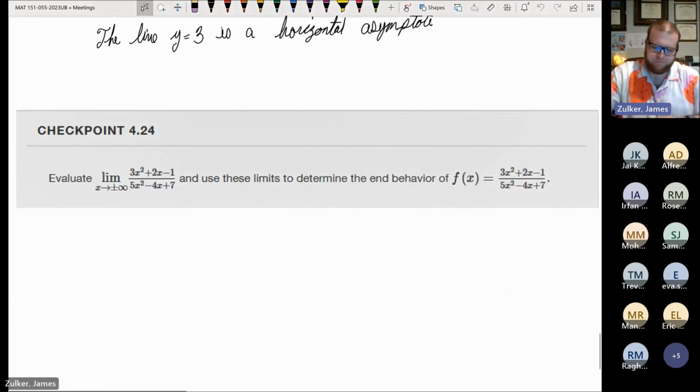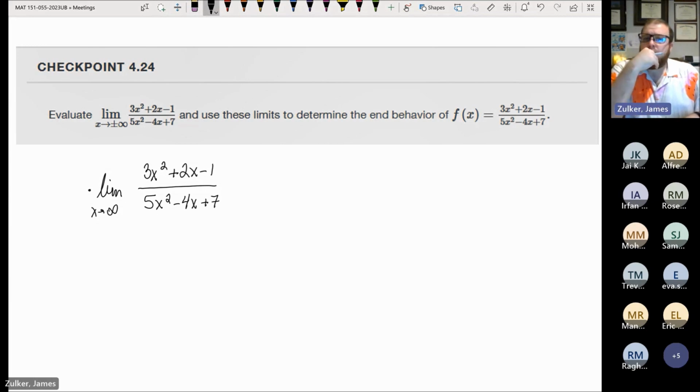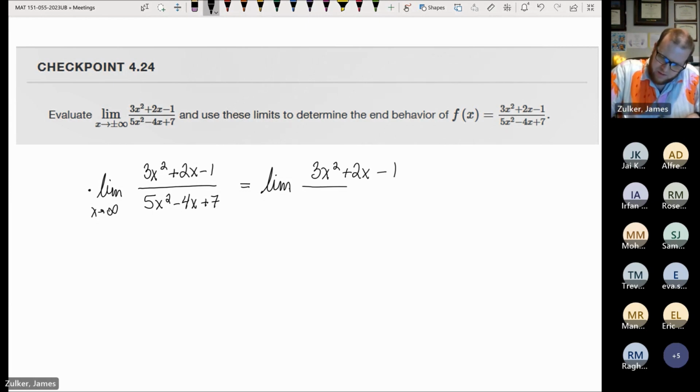Again, two limits we want to evaluate. Start with positive infinity. Algebraically, here's what we do. Remember, factor out the leading term of the denominator.